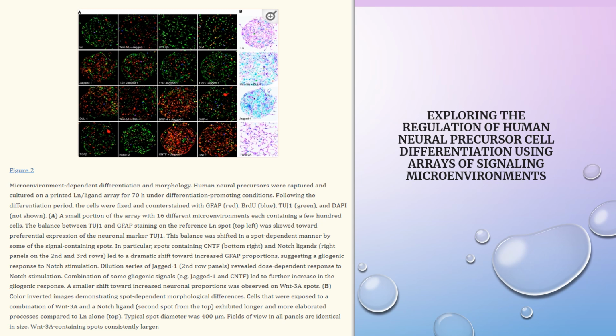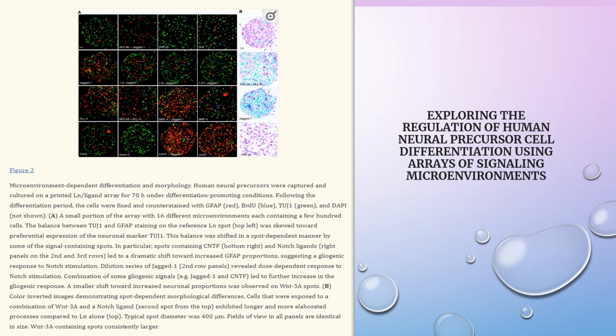Using a piezoelectric arrayer, the pre-mixed combinations of signaling molecules, including growth factors, ECM components, cell adhesion molecules, and the morphogens, were printed onto the arrays. The primary bipotent human neural precursor cells were then subsequently cultured onto those arrays.